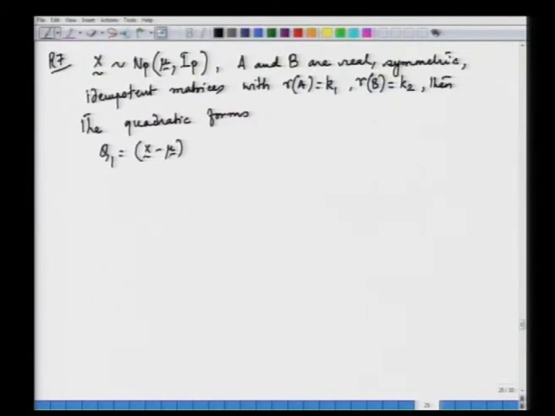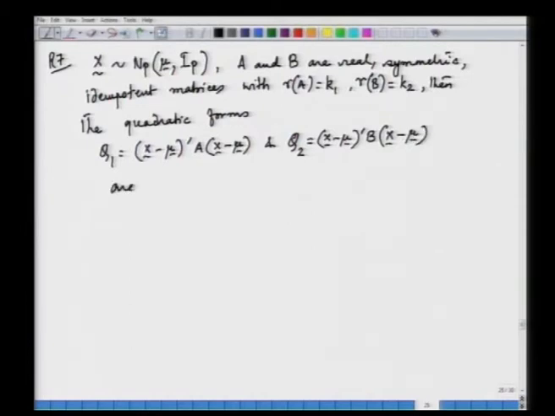We are deliberately taking this location shift to end up with a central chi-square distribution. And Q2 is the second one, (x minus mu) transpose B (x minus mu).